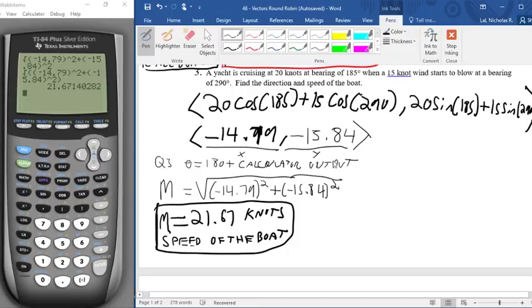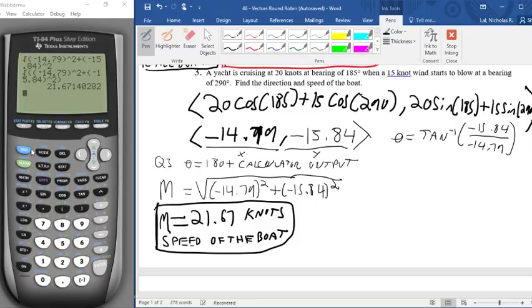Increase the thickness or decrease the thickness. Our direction, so theta is equal to the inverse tangent of negative 15.84 over negative 14.79, which is going to be 46.96.